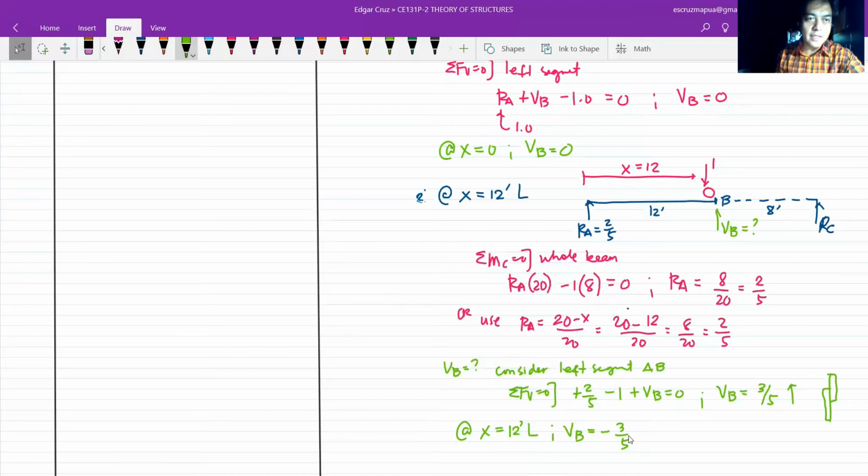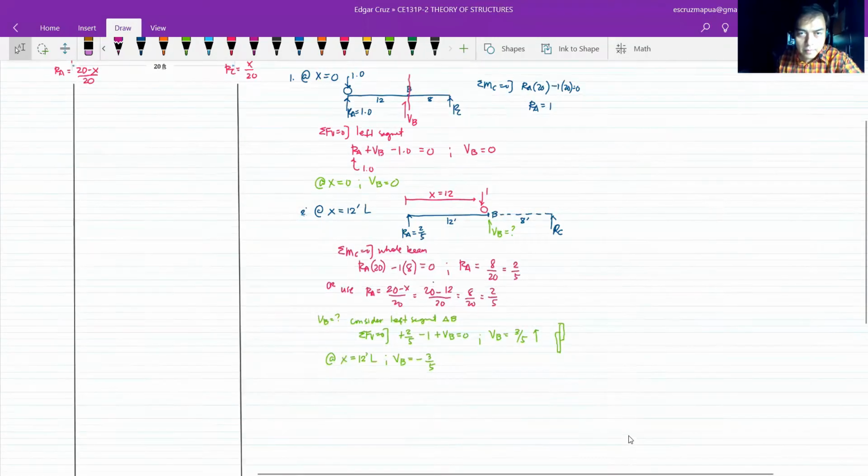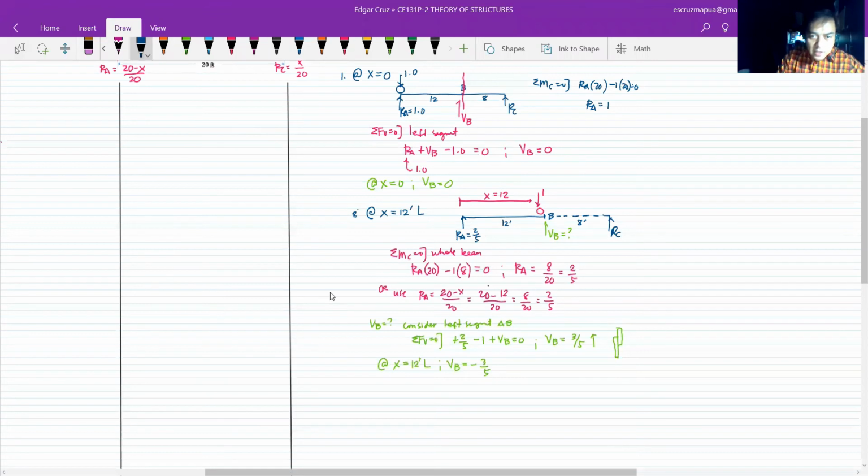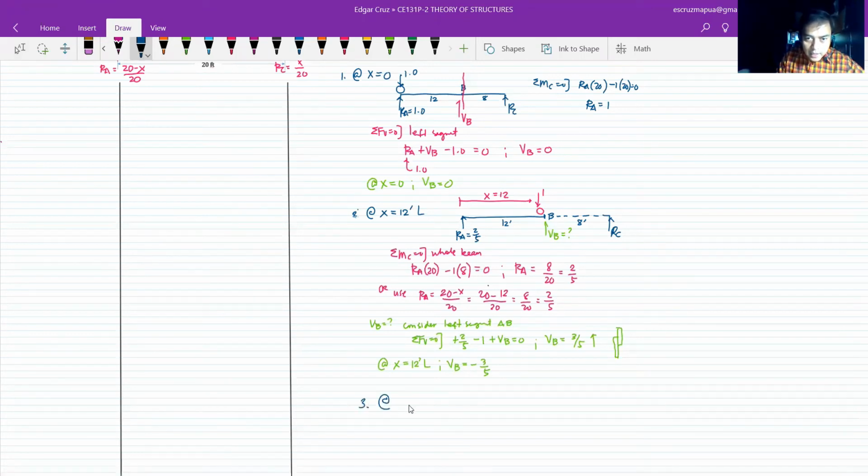Okay, now next. Okay, so next point, let us consider, say number 3, let us consider at X equals 12 pa rin, kaya lang ito right side naman. So paano yon pagka right side?